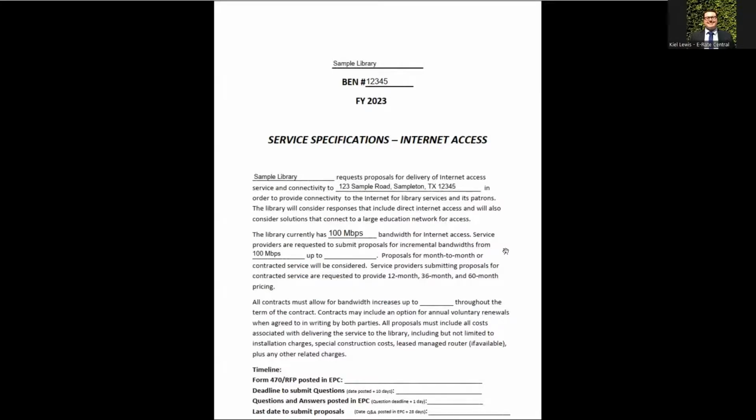And that is because you are going to be requesting internet bandwidth that is at a minimum consistent with the current internet bandwidth that you are receiving right now. We don't want you to have to lower your bandwidth or consider bids that are going to reduce the availability of bandwidth that the library already has.